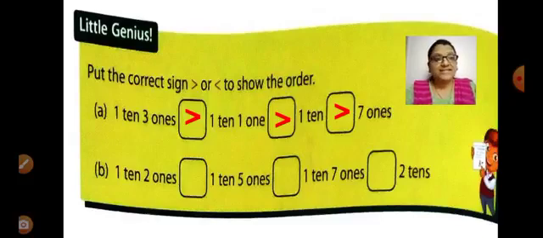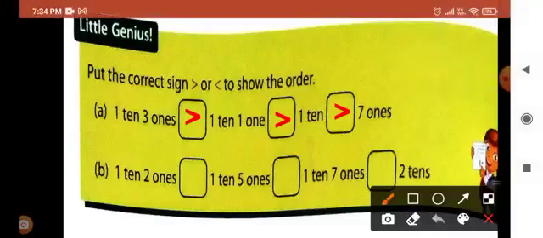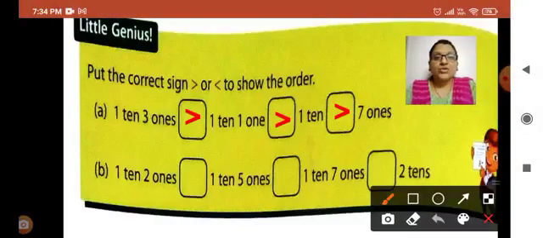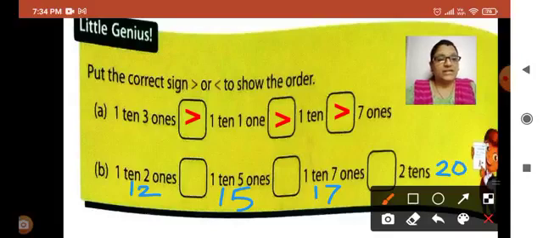Let's see the next question. Here, 1 ten 2 ones means number 12. 1 ten 5 ones means number 15. 1 ten 7 ones means number 17. 2 tens means number 20.